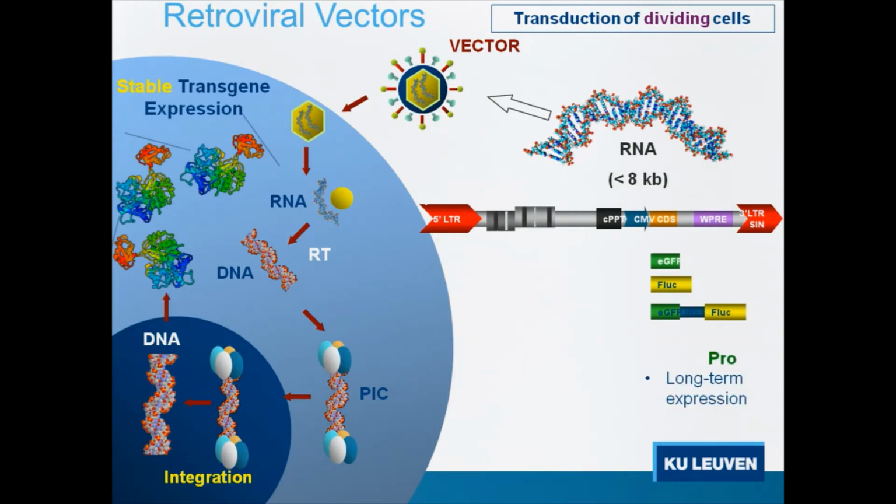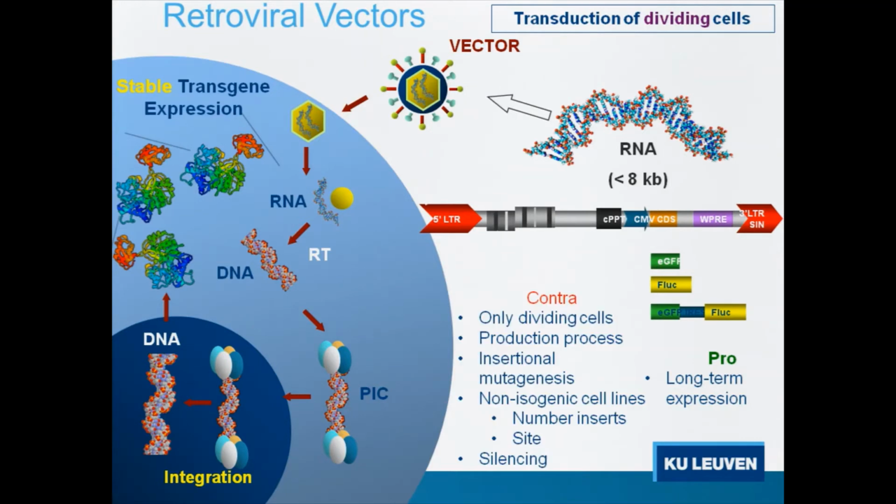Now the main advantage of this system is that you can get long-term expression, so you do get integration of your transgene of choice into the genome of your cells. The drawbacks are that, as already mentioned, you can only transduce dividing cells. The production process is more complex, so you will definitely need some expert help there.